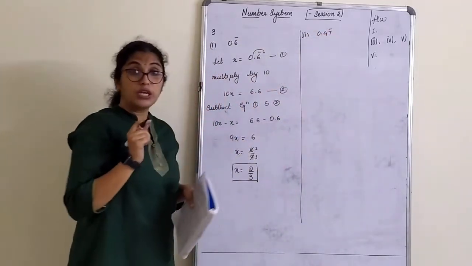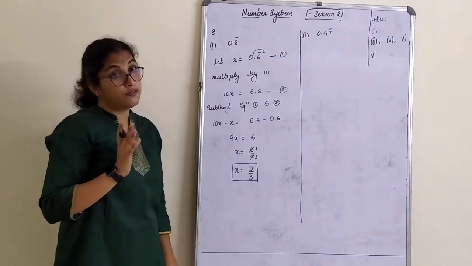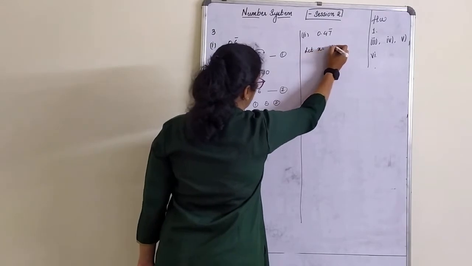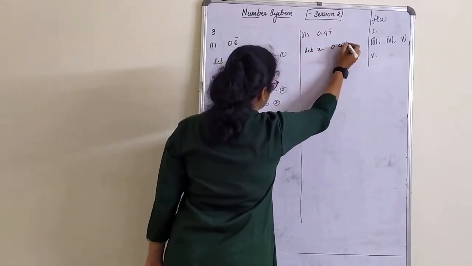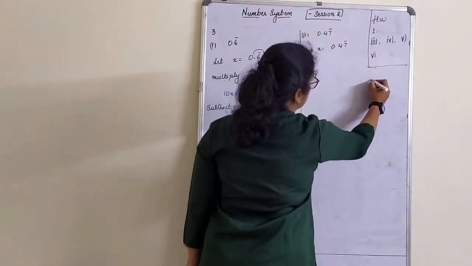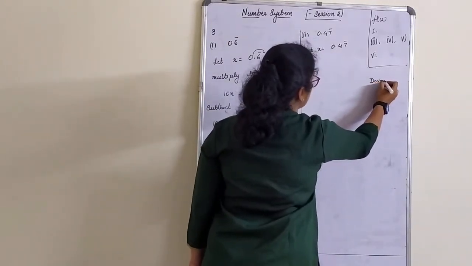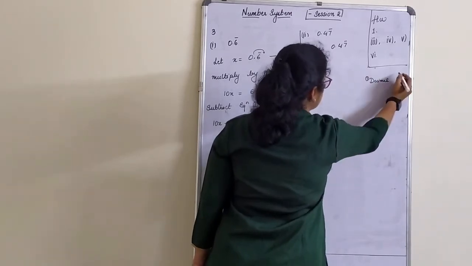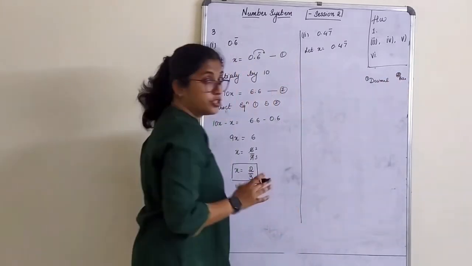The bar is only on 7 but not on 4. Let x is equal to 0.47 bar. Now what did I tell you? Our main aim is to remove the decimal and bar. But first we have to remove the decimal and second we have to touch the bar.